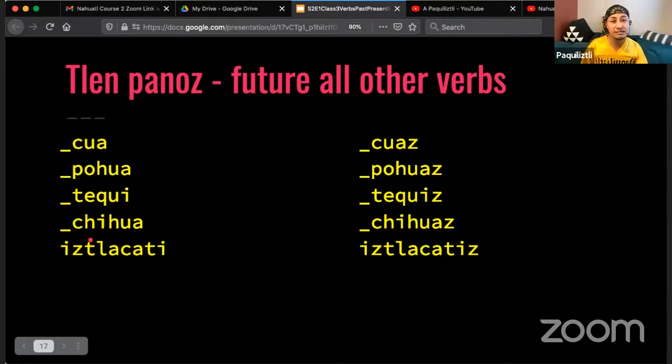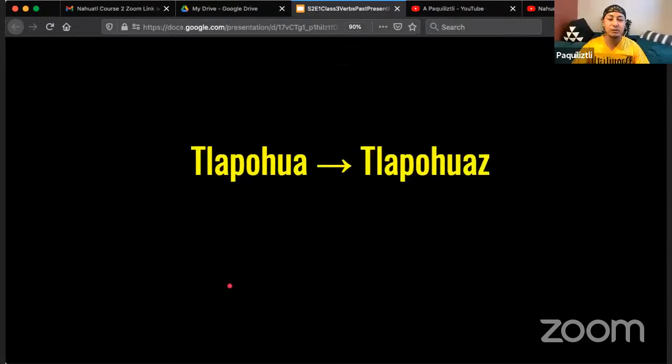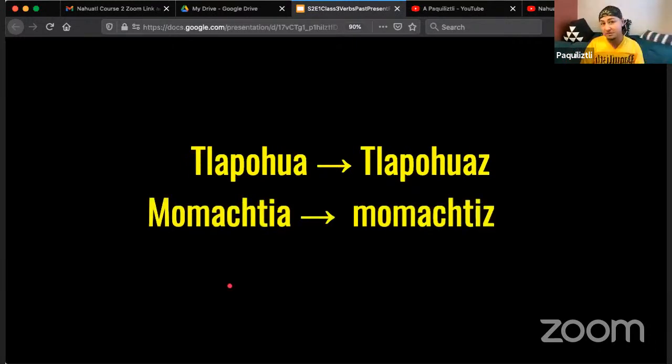Nikchiwa, I do it. Nikchiwas, I will do it. And istlacati, I gossip or I lie, becomes ni istlacatis, I will gossip, I will lie. All right, so any other verb that is not a class 3 verb, you just add the Z, but any of those class 3 verbs, you're gonna drop the A first and then add the Z.